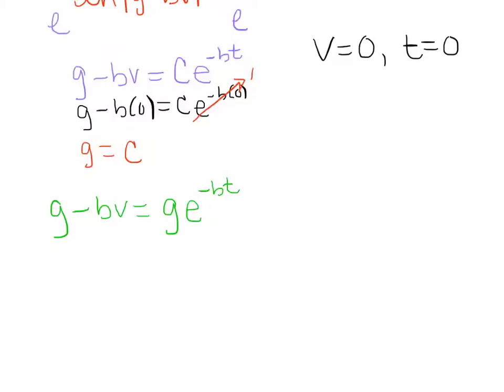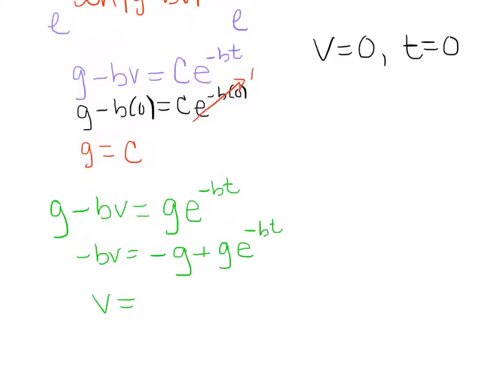Now, my ultimate goal was to find velocity. In order to find velocity, I need to get the v term by itself. So I'm going to subtract the g from the left side and then divide by negative b. That gives me negative bv is equal to negative g plus g e to the negative bt.